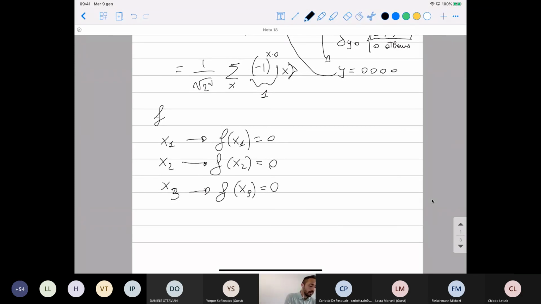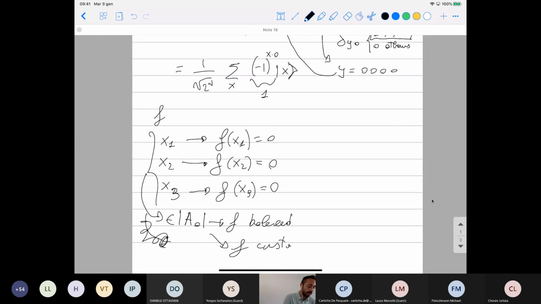So you don't know if I'm just getting all inputs that belong to H0 but the function is balanced, or I'm getting this because the function is constant. You still don't know.